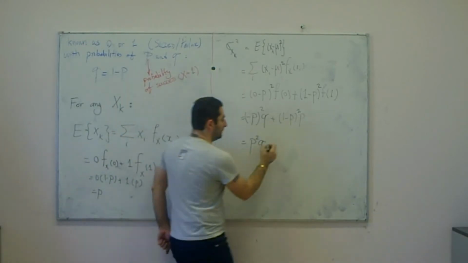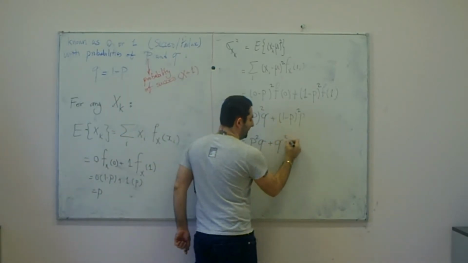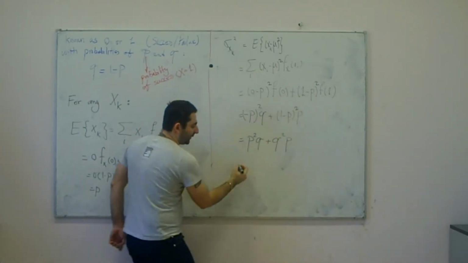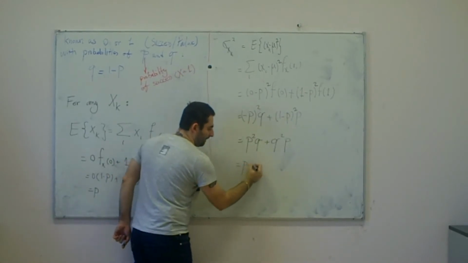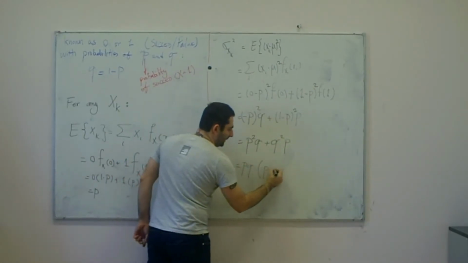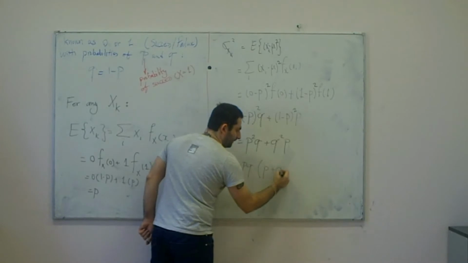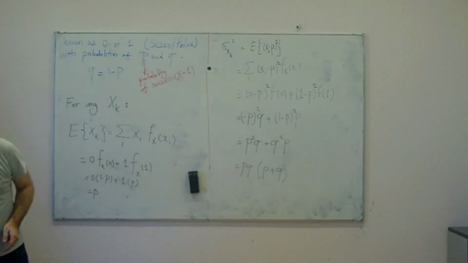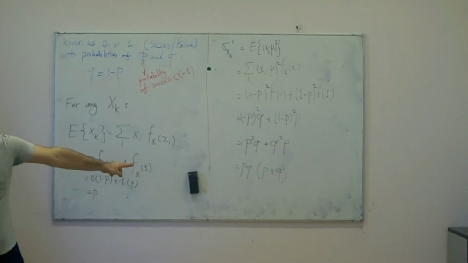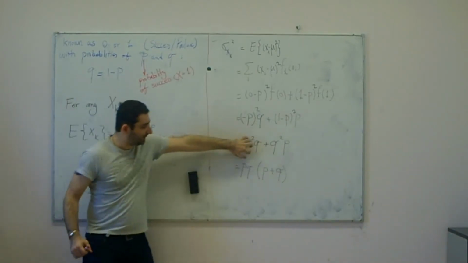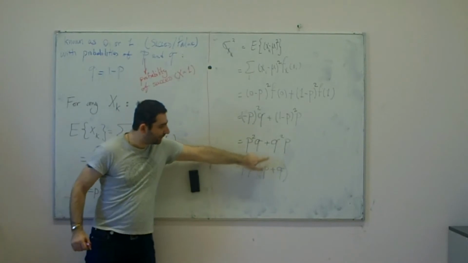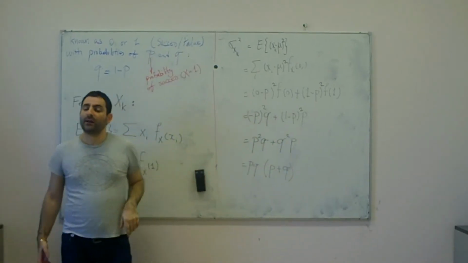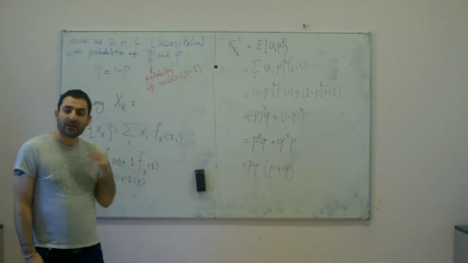Q. Plus Q square P. I am factorizing the PQ, so it's P plus Q. Do you agree with this? Nastia, do you agree with this? I am just picking the PQ out. P is that from here, Q is that from here. Now, next one. What is P plus Q?